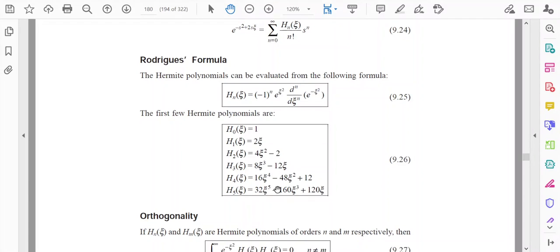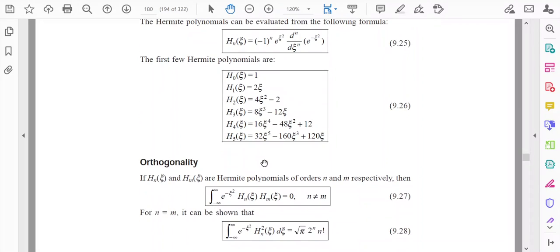So these are the different Hermite polynomials, and the orthogonality of H n zeta and H m zeta is written in terms of this equation, that is the integral from minus infinity to plus infinity of e to the power minus zeta square H n zeta H m zeta d zeta is equal to 0, n not equal to m. So this relation is valid when n is not equal to m.